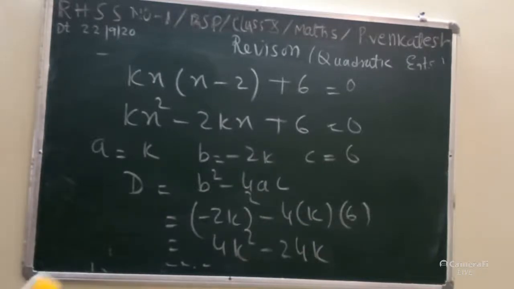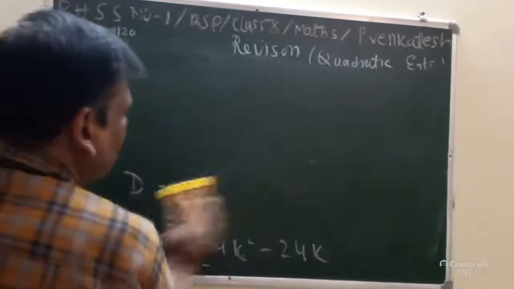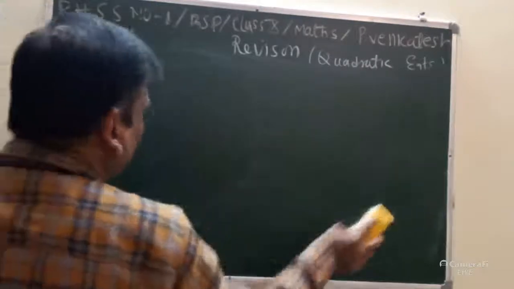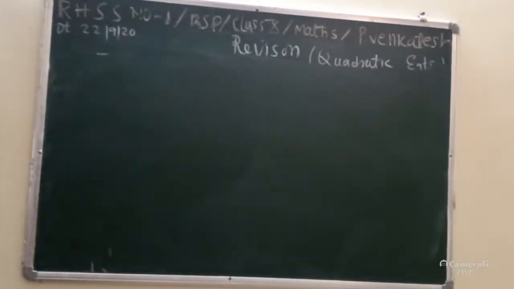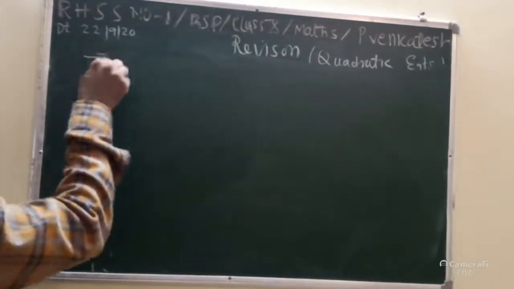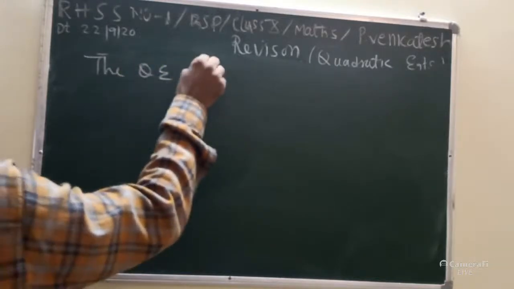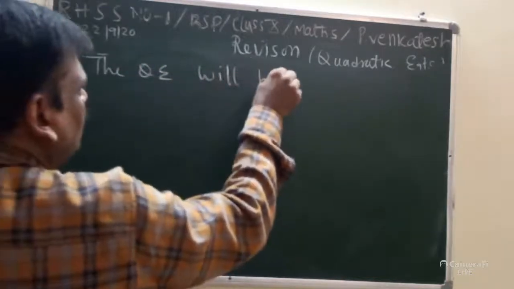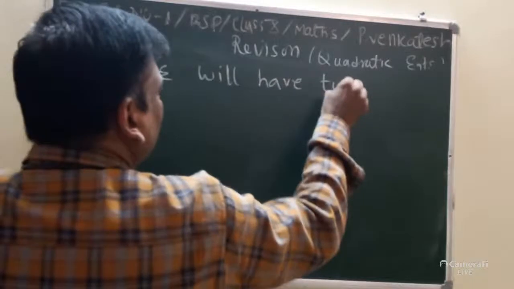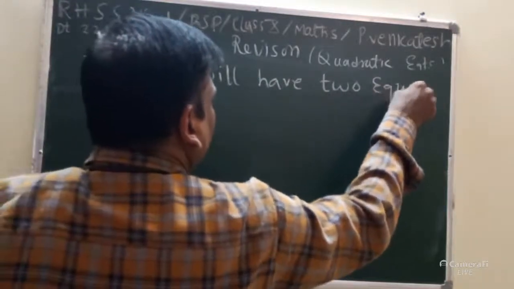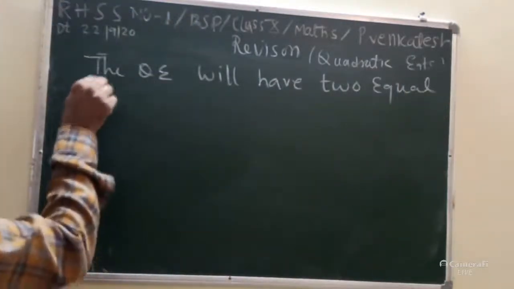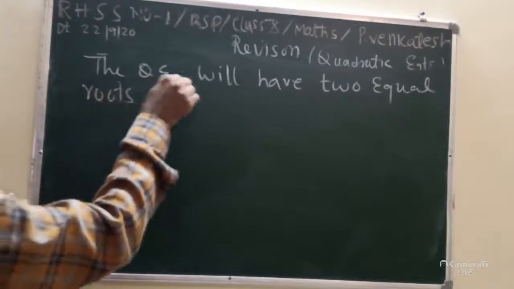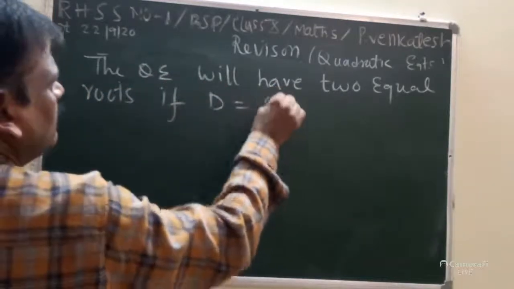Then you will write, the given quadratic equation will have two equal roots if d equal to 0.